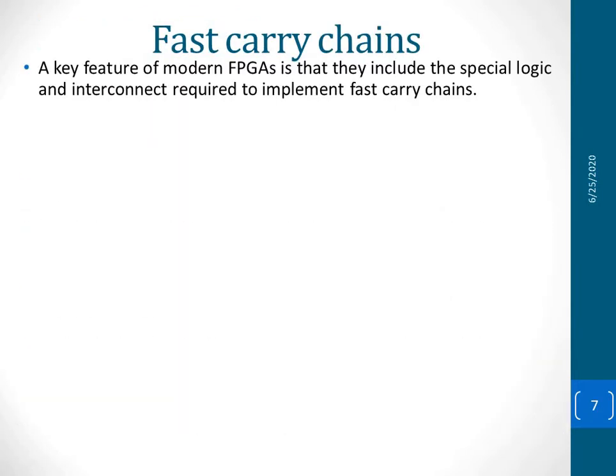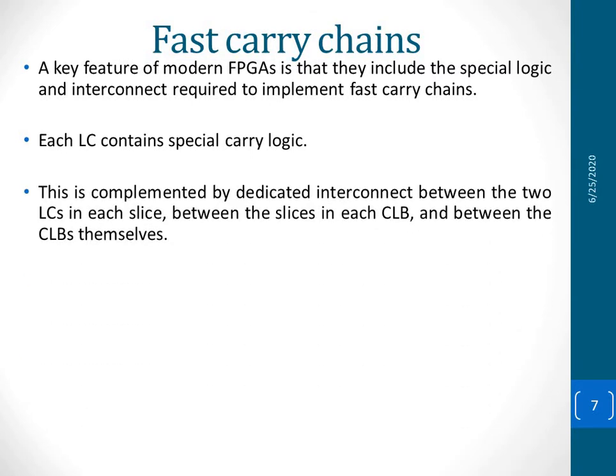What about the fast carry chains? A key feature of modern FPGAs is that they include the special logic and interconnect required to implement fast carry chains. Each logic cell contains special carry logic. This is complemented by dedicated interconnect between the two logic cells in each slice, between the slices in each configurable logic block, and between the configurable logic blocks themselves.